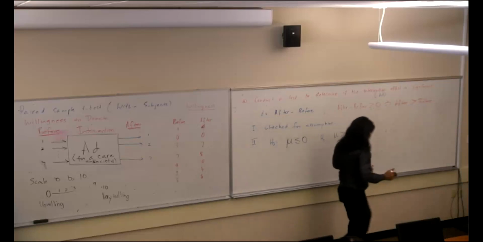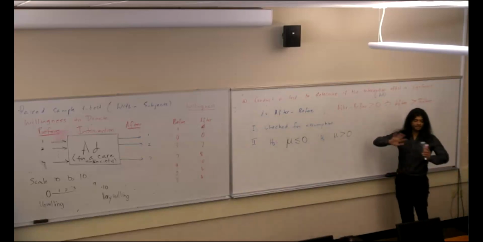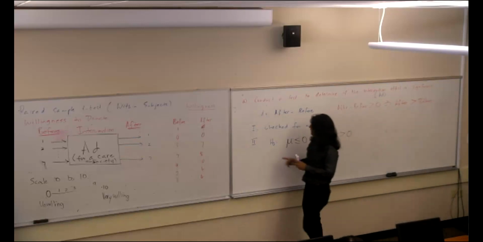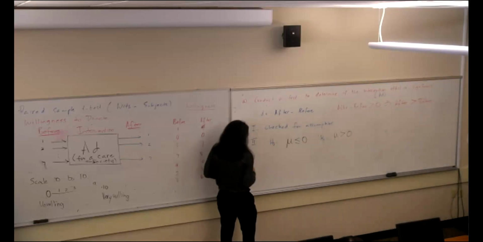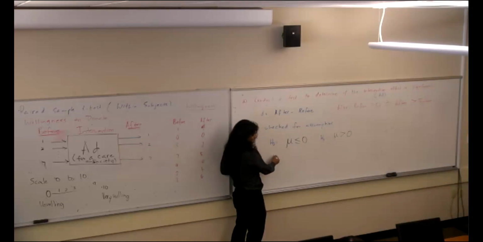Okay, so we have the data. We have defined the average difference and defined the hypotheses of the test. Step number 3, let's pick alpha. What should we pick? 0.01, 0.02, 0.025, 0.1.